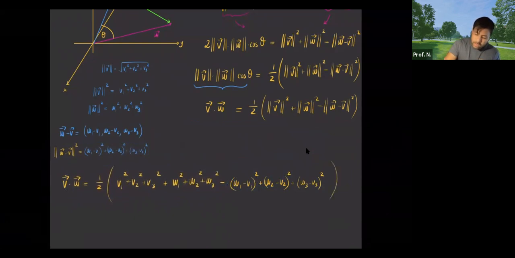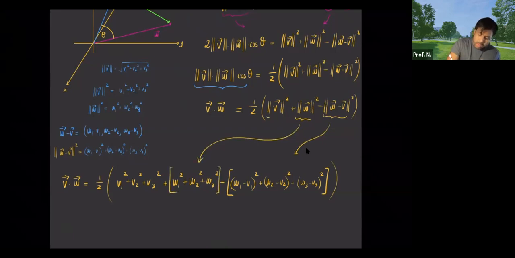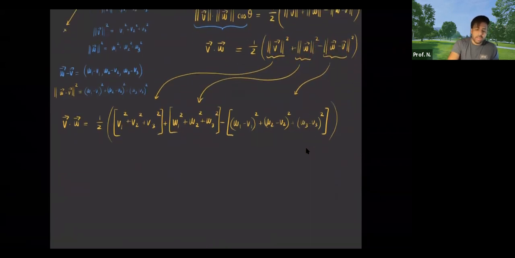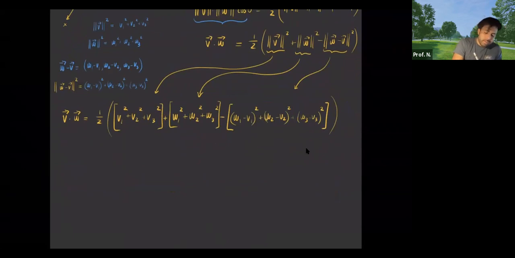So this entire thing here is associated with this. This here is this here. And this here is this right here. Okay? So I've just unpacked what these norm squared terms are. Now, why did I do all of this? I'm trying to get to somewhere, right?